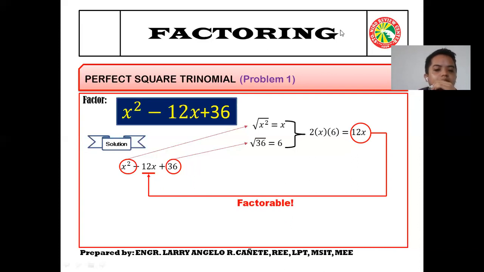Meaning to say, you check if the first term can be square rooted, and then the last term, then you multiply them and twice the result. If it matches the middle term, then that is factorable.